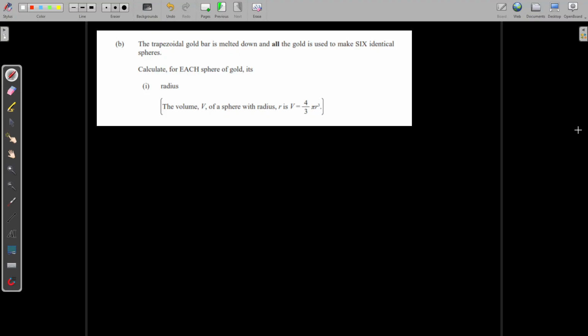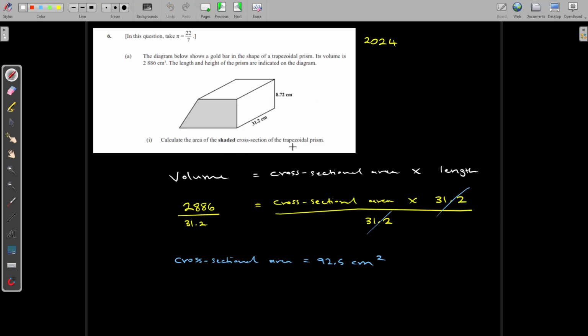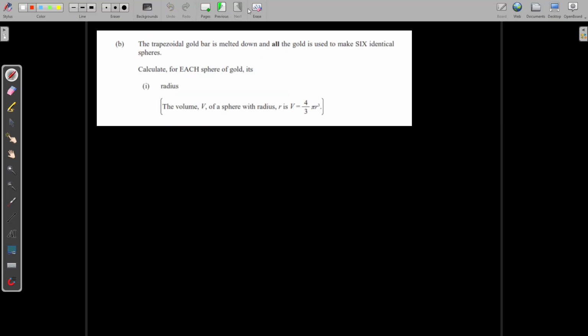Alright, so if they're going to make 6 identical spheres, that means the volume of the trapezoidal prism should be divided into 6. Agreed? So that's the volume. Yes, sir.